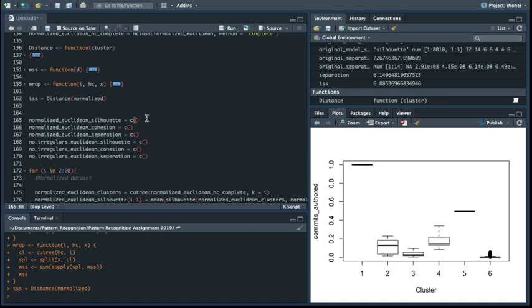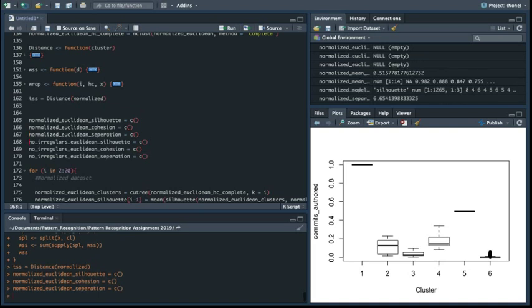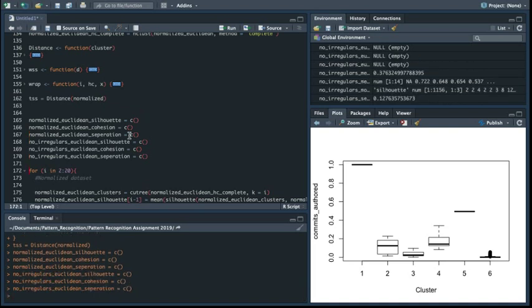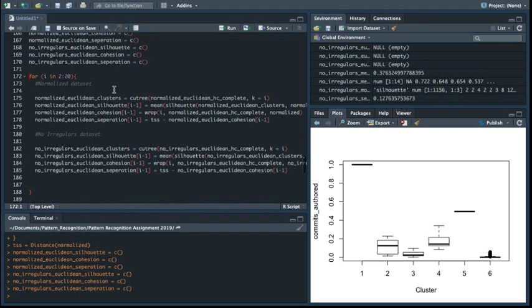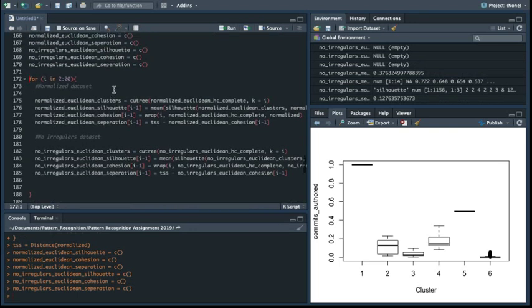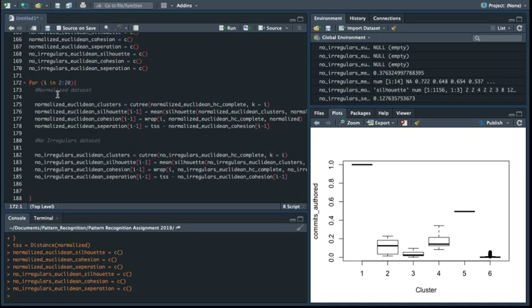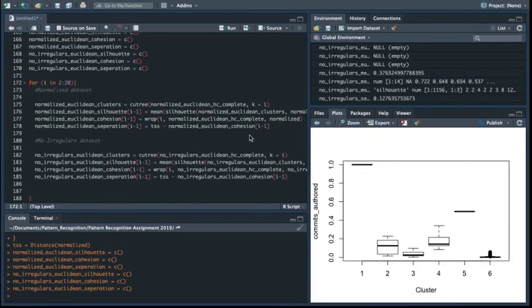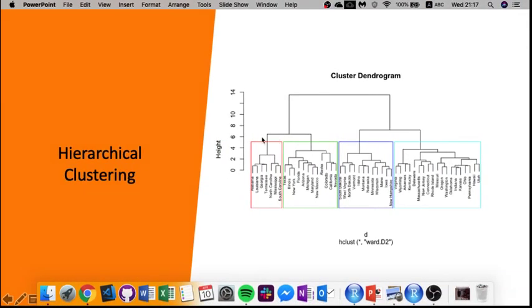So we initialize again all the arrays we need for the metrics for every data set, and again we're going to use a for loop from 2 to 20 to say at what level, how deep, we are going to cut our tree in the cluster.